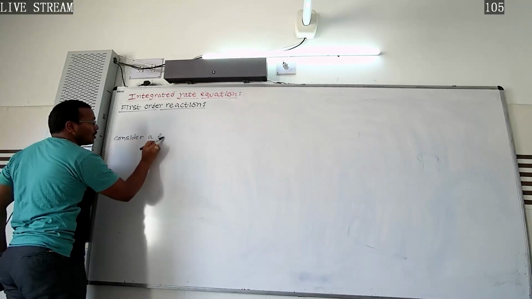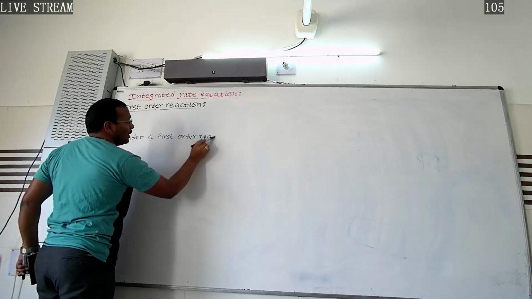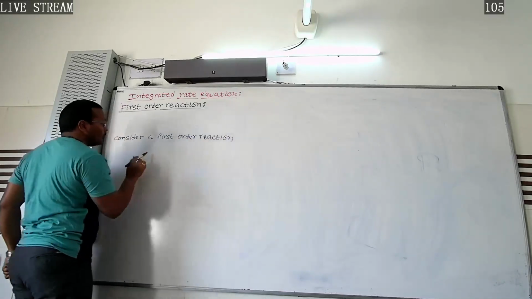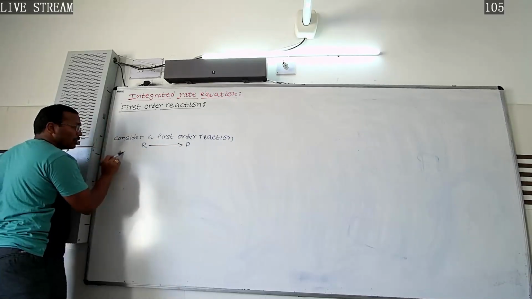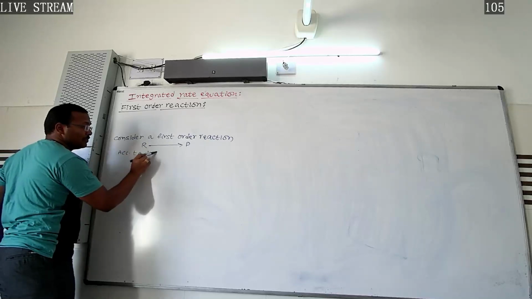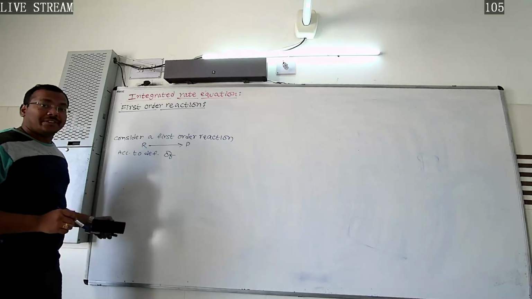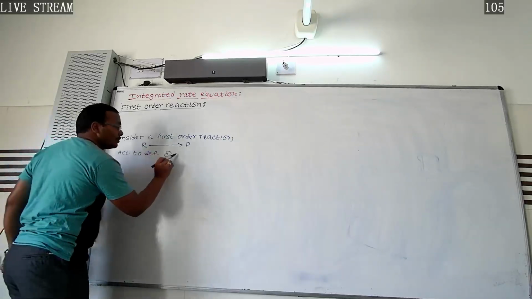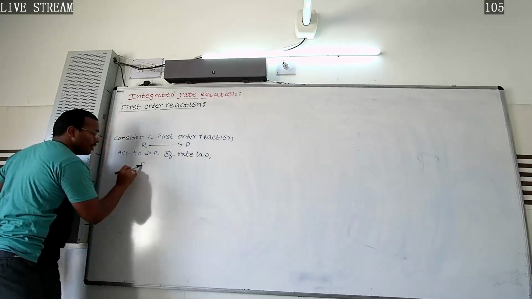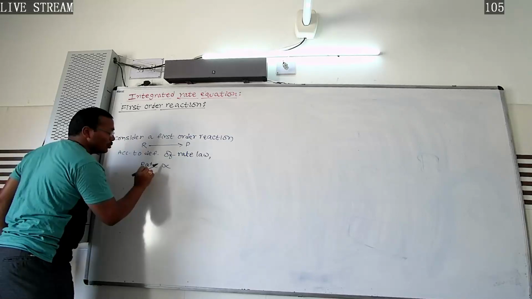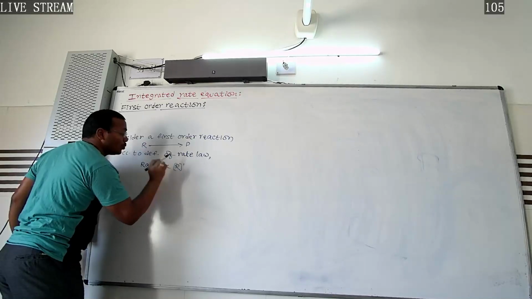Consider a first order reaction. Let us assume it is a first order reaction. So R gives P. According to the definition of rate law, which we have done in the previous topic, rate is proportional to R raised to power 1.